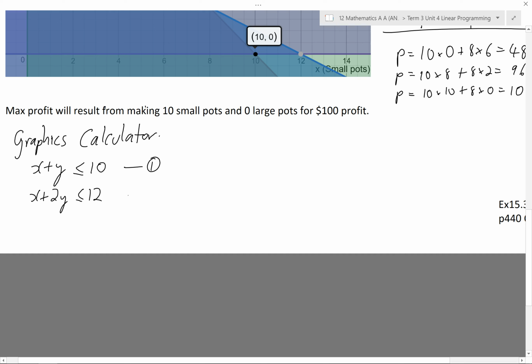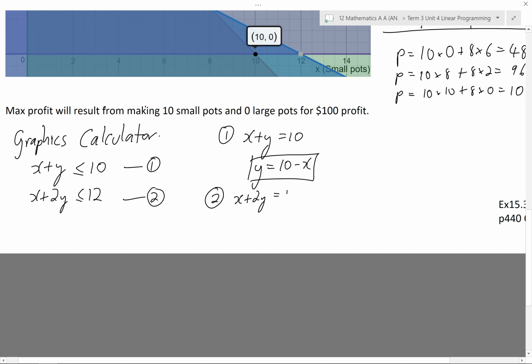So if I call this number 1 and this number 2, when I'm wanting to graph this first inequality, I'll write it just with an equal sign and then rearrange by subtracting x both sides for something that I can graph. In equation 2, I'll do a similar thing. X plus 2y equals 12, and I'll rearrange this until I get something that I can also graph. So these are the two equations that I'm going to graph on my graphics calculator.